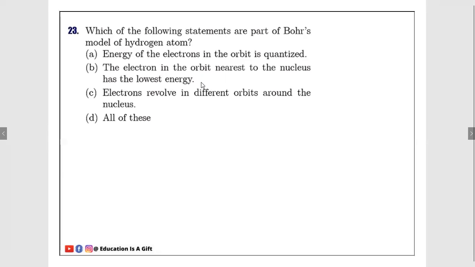Yes, lowest energy means n is equal to 1. Next one will be n is equal to 2, like that. Then electrons revolve in different orbits around the nucleus. Yes, one electron may be revolving in the first orbit, and 2 electrons in the first orbit, and another electron in the second orbit. So all these statements are correct. The answer is all of these.